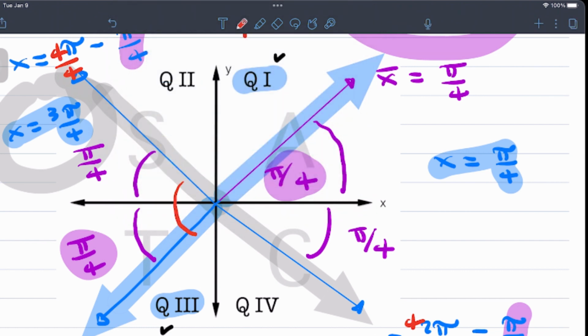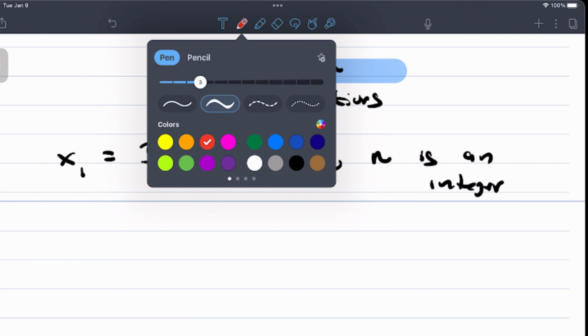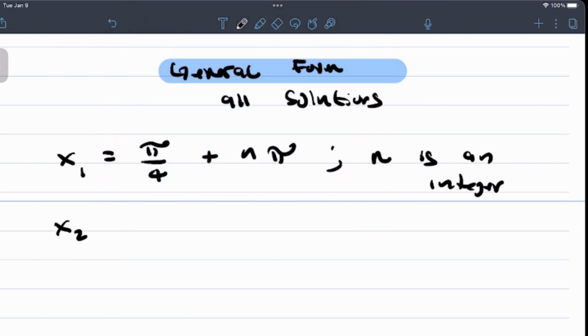In other words, if I get the quadrant 2 solution, opposite quadrant 2 is quadrant 4, and they differ by pi again. Is that true? So what you can say now is you're going to take the 3 pi over 4, and you're going to do the same thing. You're going to add the integer multiple of pi, and in fact, I could just use that one statement for both.